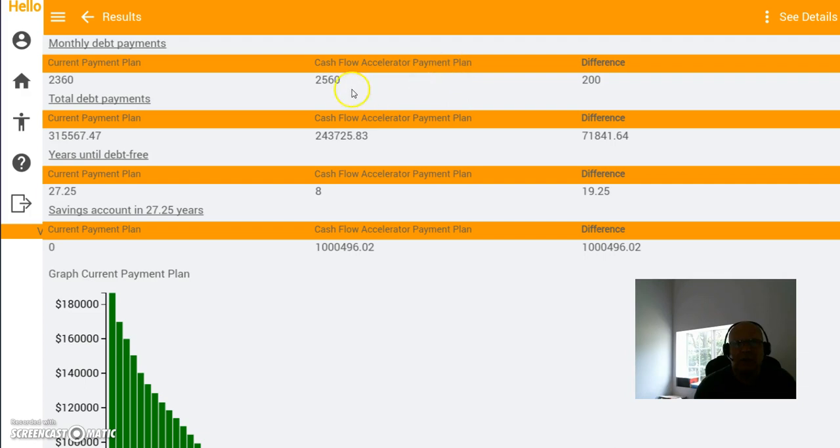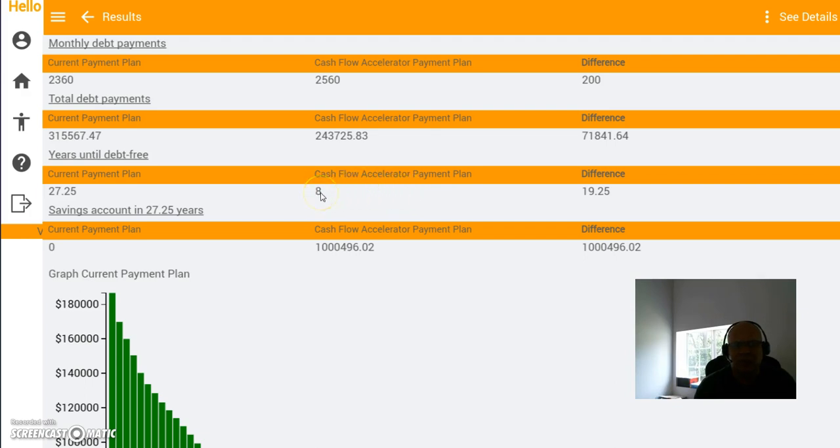Following our plan, just applying an extra $200 a month. You're going to pay $2,560 a month instead of the $2,360. You're going to be out of debt in 8 years. And you're going to only repay almost $44,000, which is going to save you almost $72,000 between these two figures. The big savings here is the time that it takes you to pay this off.